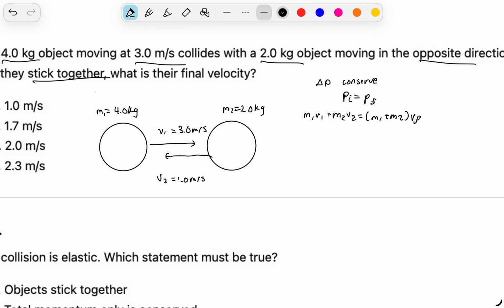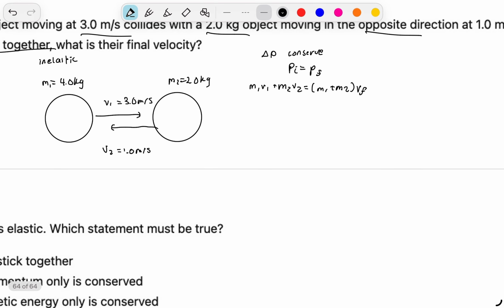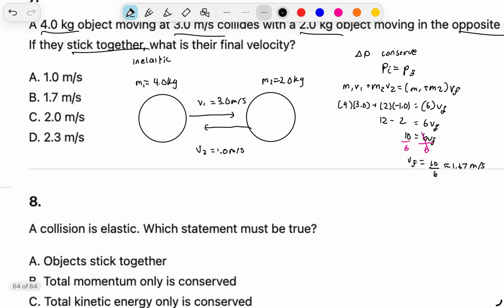If they stick together, it's inelastic. So you add their masses and you factor out your velocity. Your answer is going to be approximately 1.7.